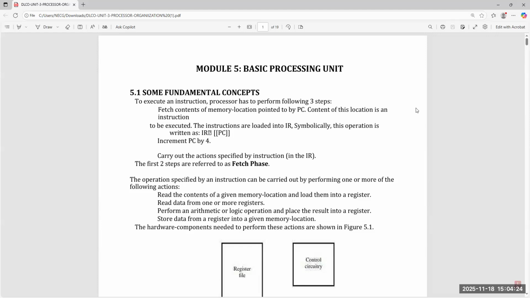So the program counter points to the address of the next instruction.